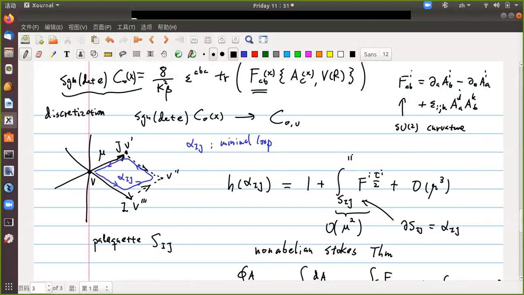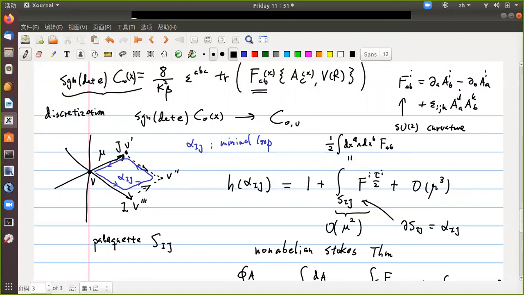If you write it more explicitly in terms of coordinates, this is just dx^a wedge dx^b F_ab.